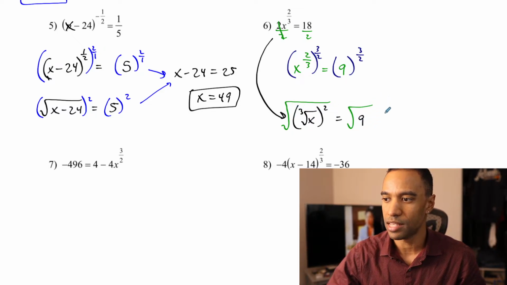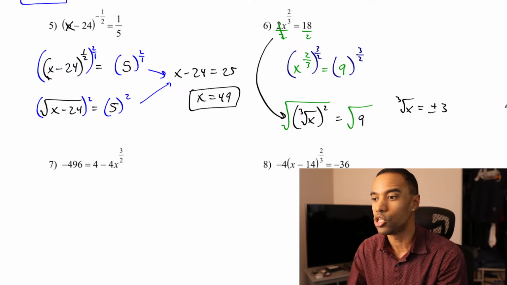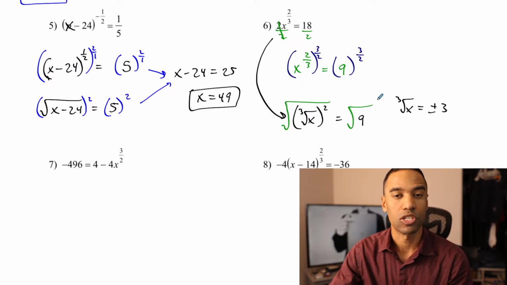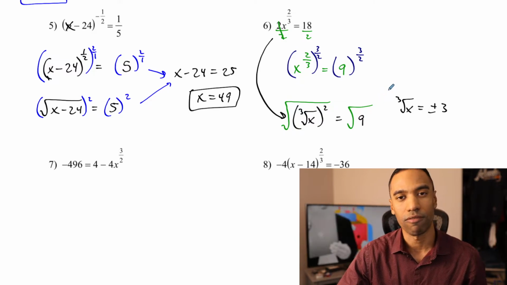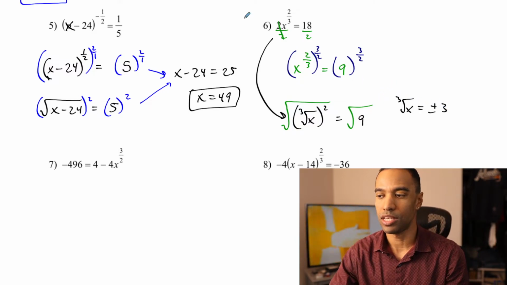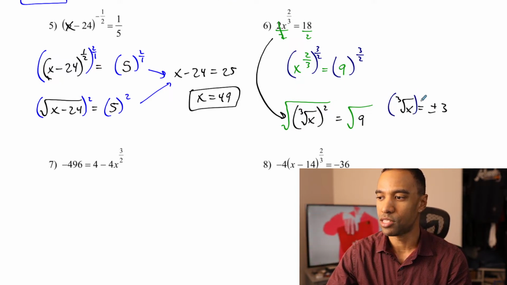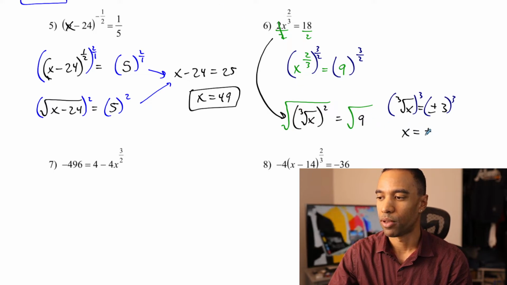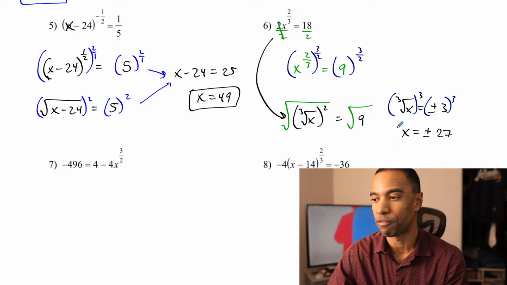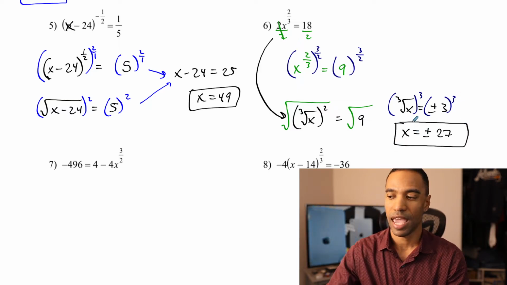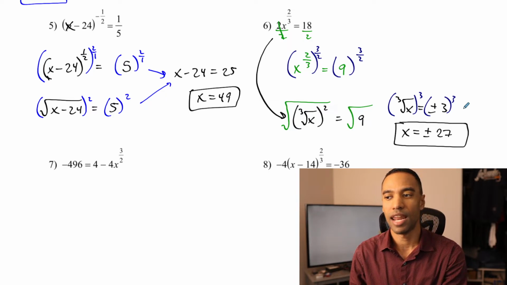But taking the square root of both sides, this would turn us into the cube root of x equals plus or minus 3. There's more than one answer to this thing that can get you that value. So that is going to exist here. And then when I cube both sides afterward, that's going to be x equals plus or minus 27, because cubing positive 3 and cubing negative 3 get you different answers: positive 27, negative 27.